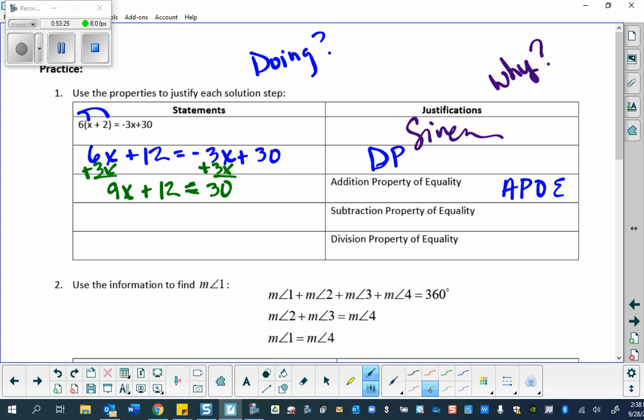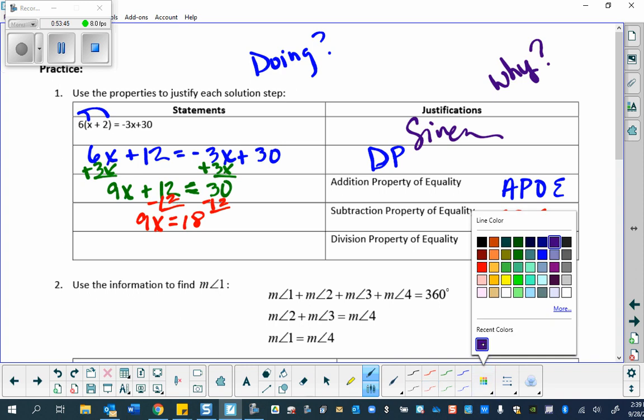Next, it tells me I'm going to be subtracting. Subtract 12 right here. Next, it says I'm going to be dividing.